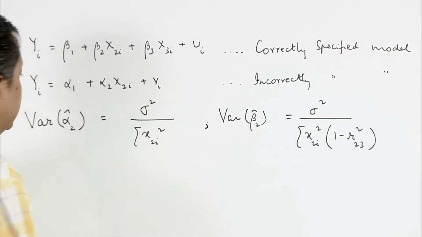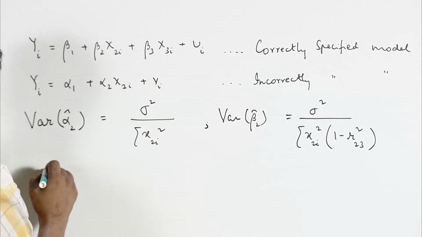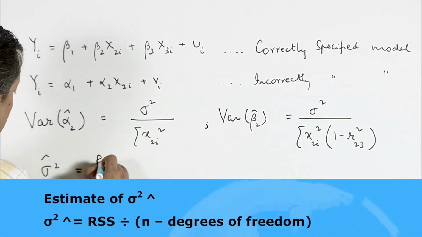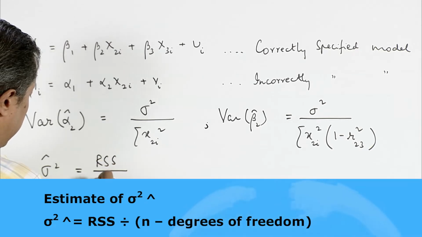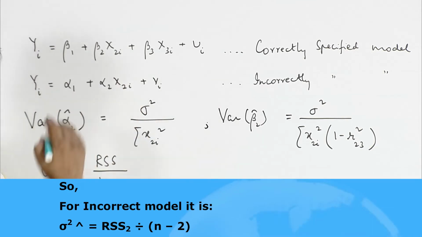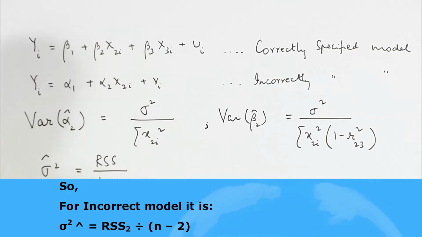The reason is that the estimate of sigma square is given by residual sum of squares divided by n minus degrees of freedom. So, if we go for the incorrect model, it is RSS with 2 regressors divided by n minus 2.